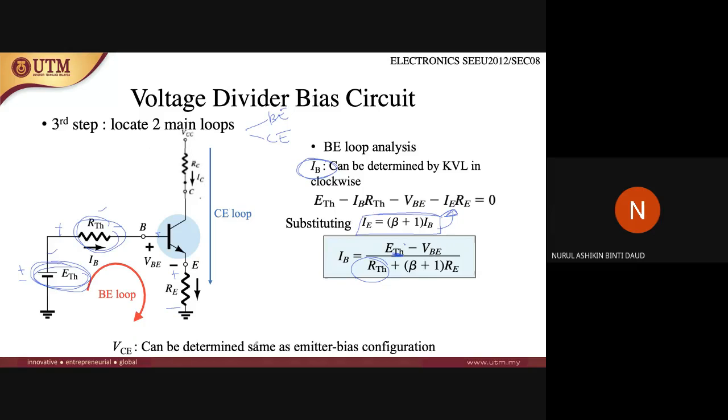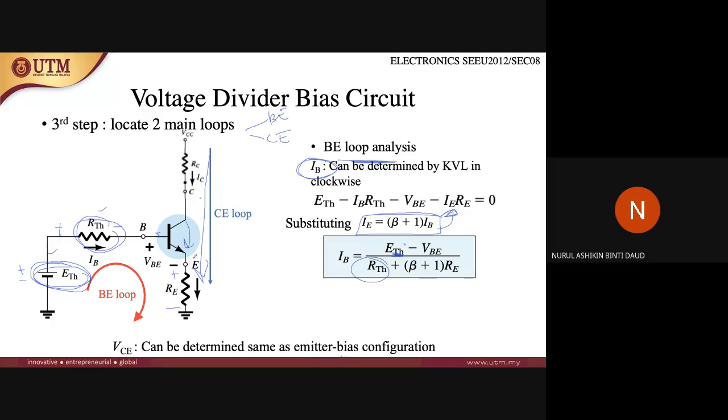So VCE can be determined the same as the emitter bias configuration. No difference for you to find VCE. It's the same as the previous solution. The only difference is the BE loop analysis. The CE loop analysis is the same, because there is no difference for the CE loop now.